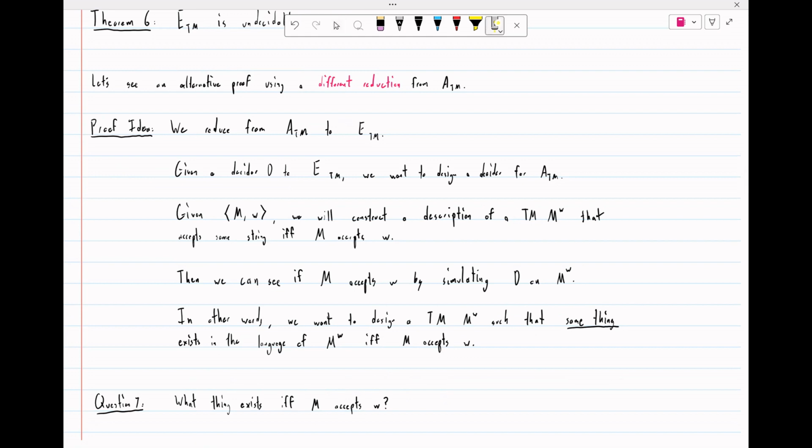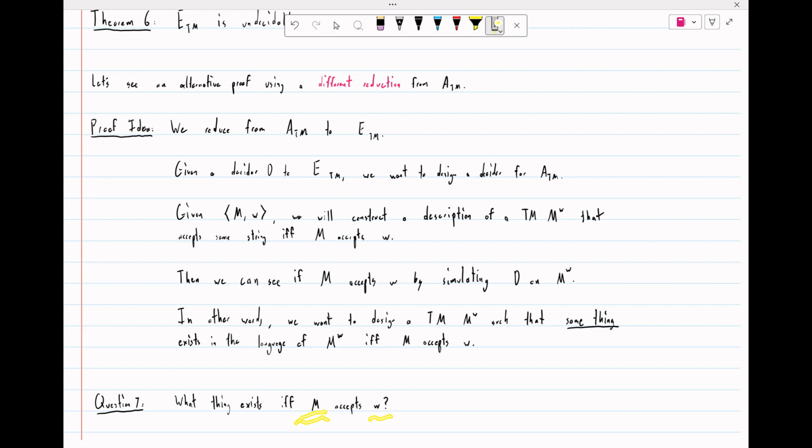All I give you is a Turing machine and a string to run it on. What thing exists if and only if M accepts W? Think back to definitions. All I'm giving you is a Turing machine and a string here.